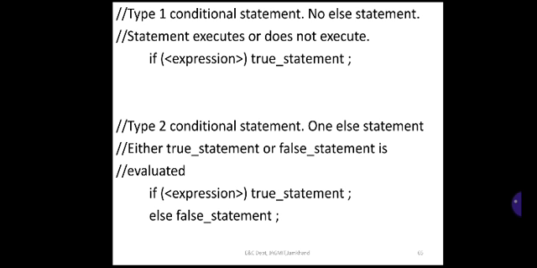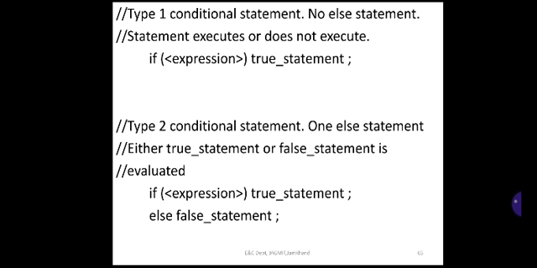The type 2 conditional statement is a little modification of the first type, in that one else statement is present here. So either the true statement is executed or the false statement is executed.